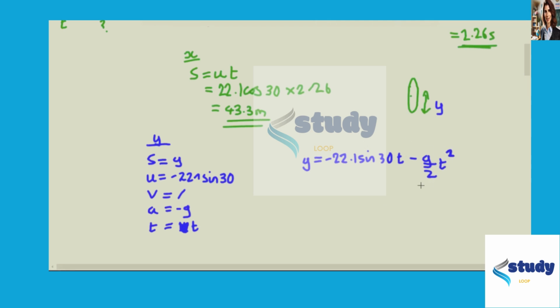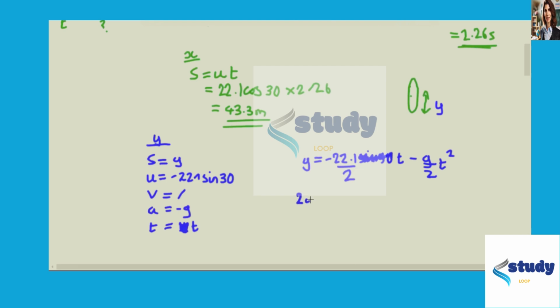And this is a quadratic. We can also remember that sine 30 is just a half, which would simplify our equation a little bit. And we could go even further.